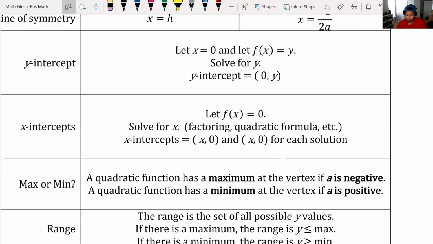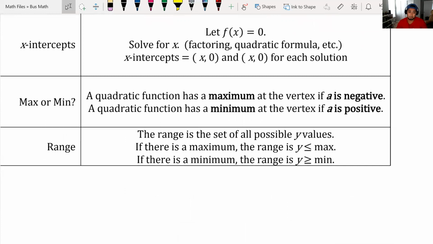Now something new. A quadratic function has a maximum at the vertex if the leading coefficient is negative. A quadratic function has a max at the vertex if A is negative.